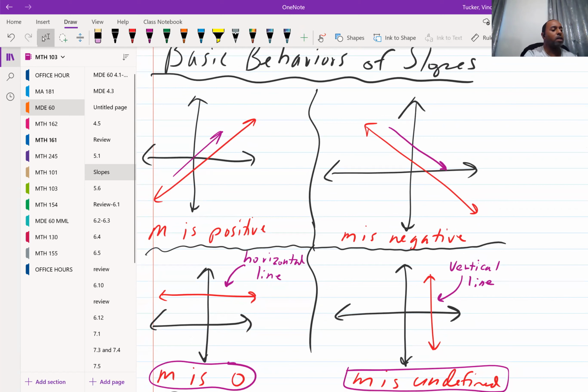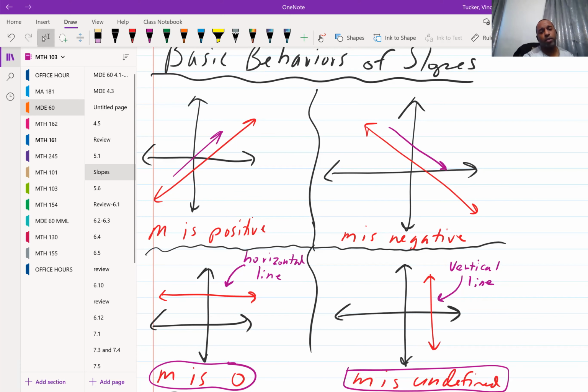And if it's a vertical line, your slope is undefined. Any problem with that?